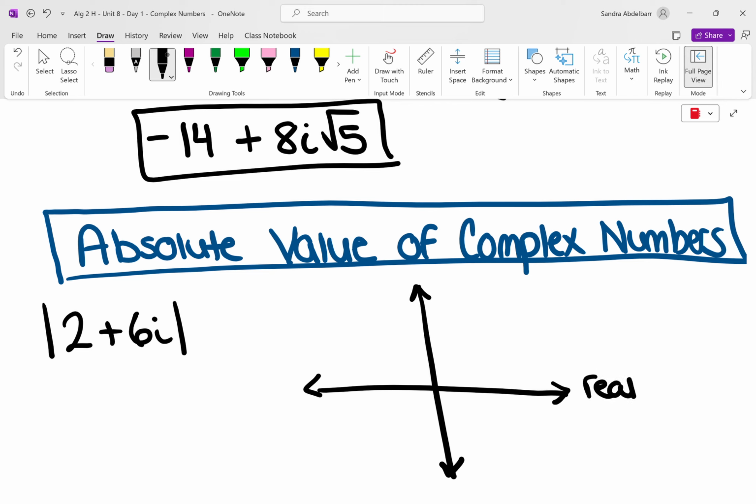Our horizontal axis will be real numbers, but our vertical axis will be imaginary. But 0, 0 is still where our real meets our imaginary. So that's still the origin. So when we say 2 plus 6i, it's saying let's go 2 in the real and let's go 6 in the imaginary.